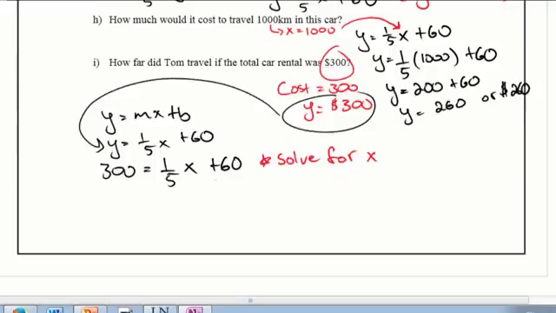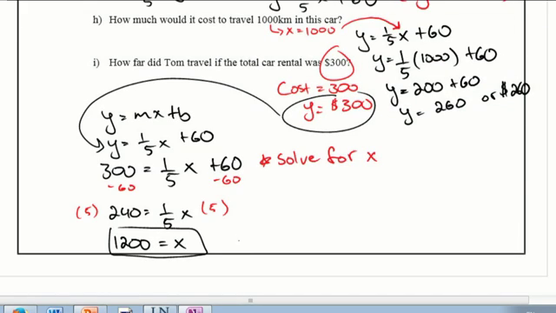So I'm going to subtract 60 from both sides. I'm going to get 240 is equal to 1 over 5 times x. Multiply both sides by 5 to get rid of the fraction. And 240 times 5 is going to give me 1,200.